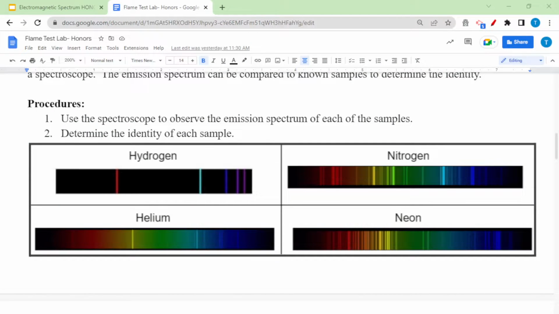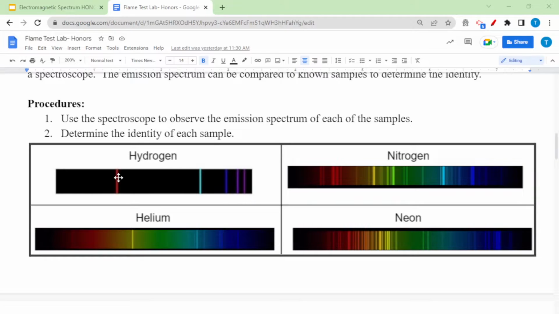So right here, we have the different elements, and we took a gas discharge tube and separated the light that is produced from that gas when you run electricity through it. We separate it with a prism into different frequencies, and you can identify different elements based on those frequencies.